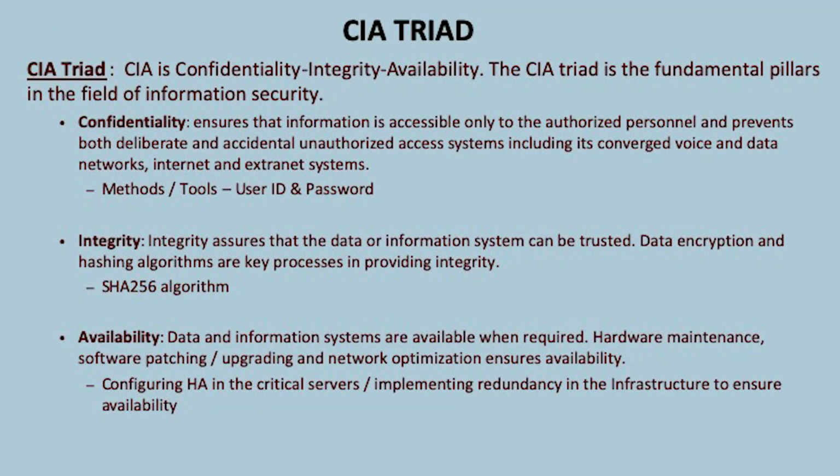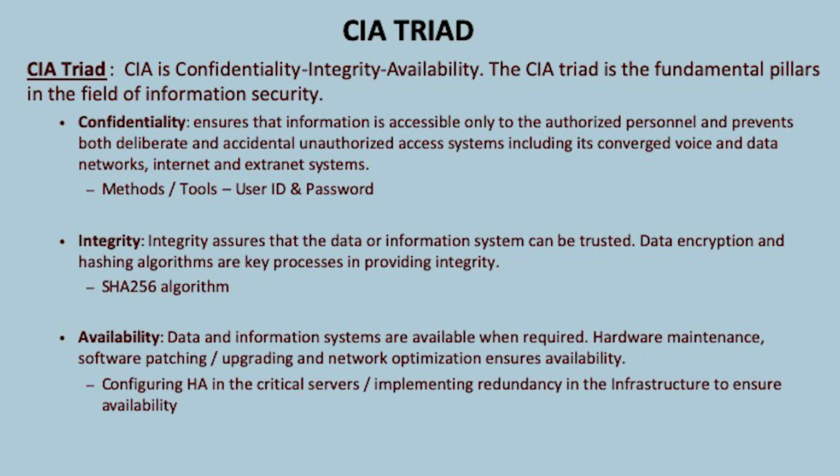So we talked about CIA is one of the fundamental pillars. So confidentiality ensures that information is accessible only to the authorized person. Integrity means that data and information can be trusted.